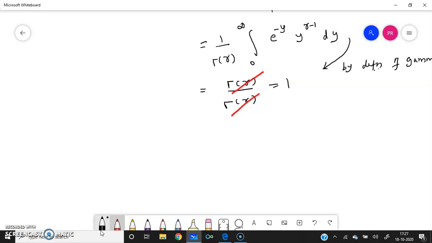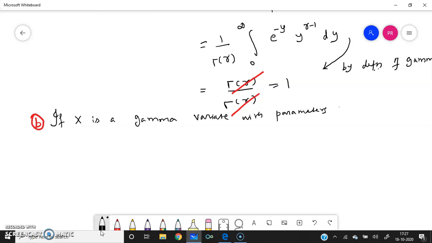So one more remark. Normally we write a binomial variate, and the same way, if x is a gamma variate with parameters, what are the parameters here?